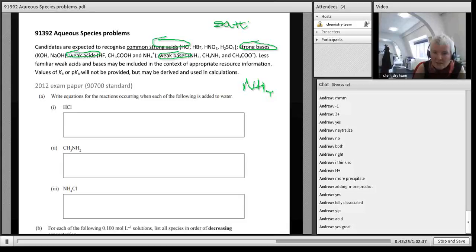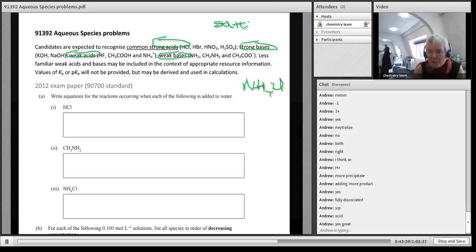If I had ammonium chloride, I hope you can recognize that that is ammonium chloride, NH4Cl. Because a salt is always from a base and an acid, what did that come from? A weak acid, strong base, or a strong base, weak acid, or a strong acid, weak base, or strong and strong?